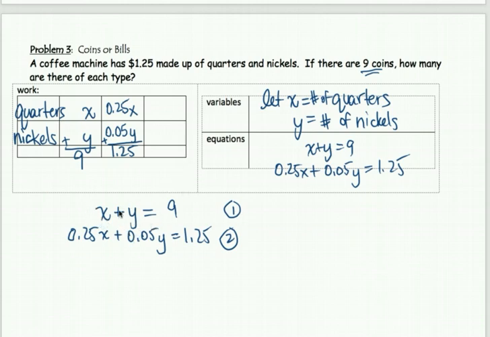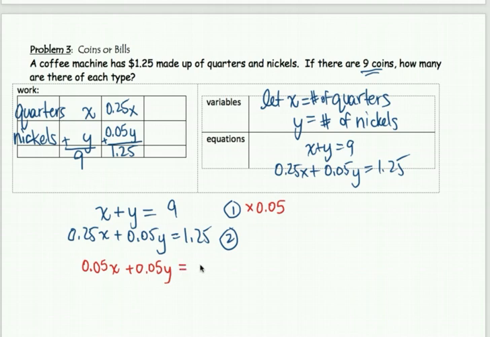So I'm going to say I want to take out the y this time, okay? So I'm going to multiply this whole line by 0.05 so that I can get 0.05y. When I do that, I will get 0.05x, 0.05y, and don't forget to multiply this one as well.